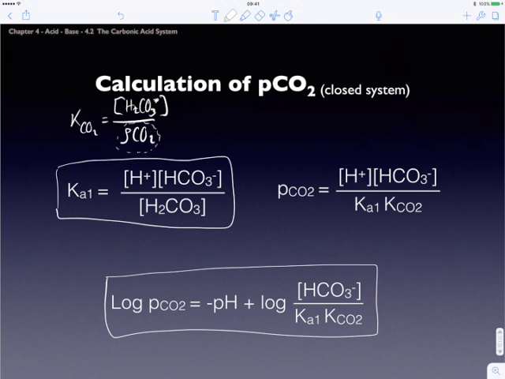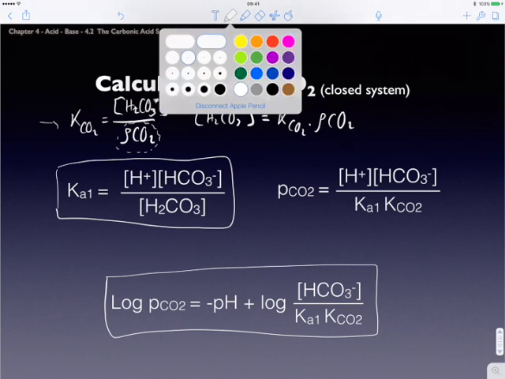Okay? So what you're going to do is solve this equation here for carbonic acid, equal to KCO2 times the PCO2.